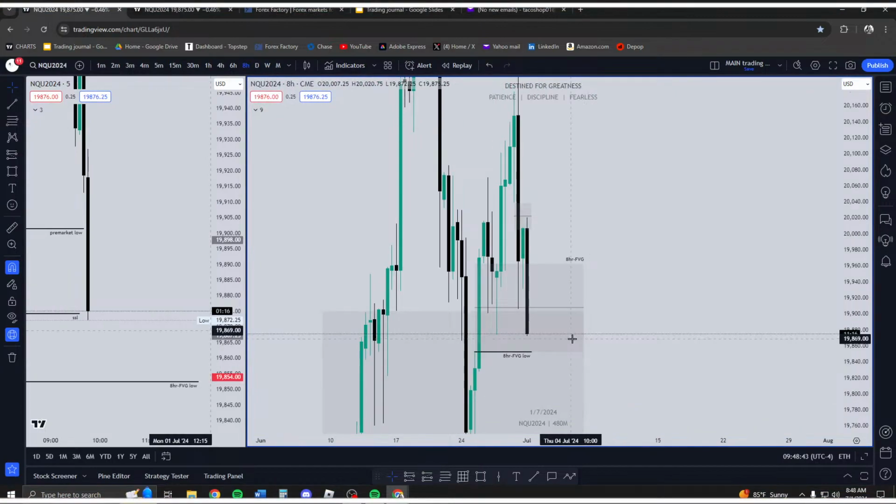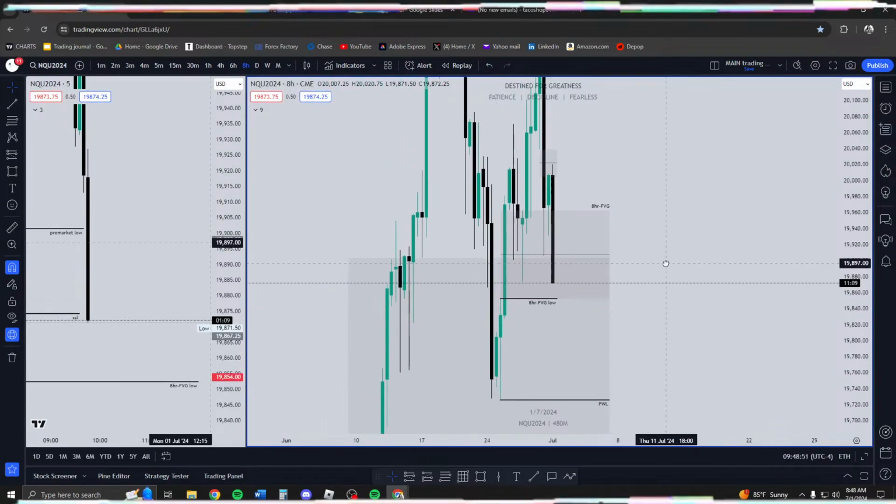What I'm targeting here right now is this 8-hour FVG low, which is basically the rebalance of the entire FVG here.